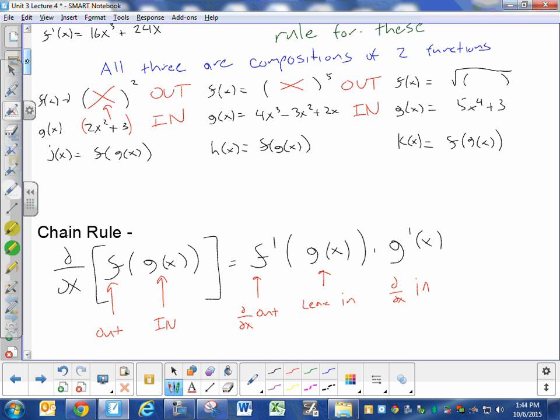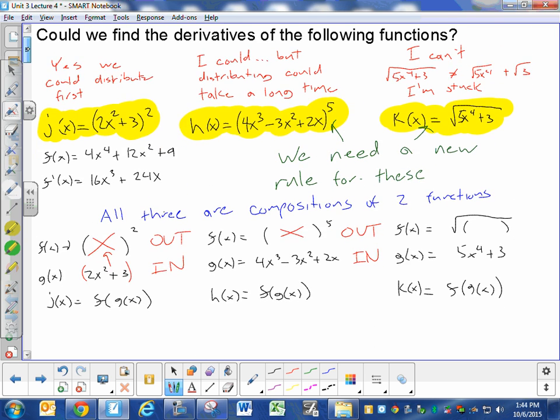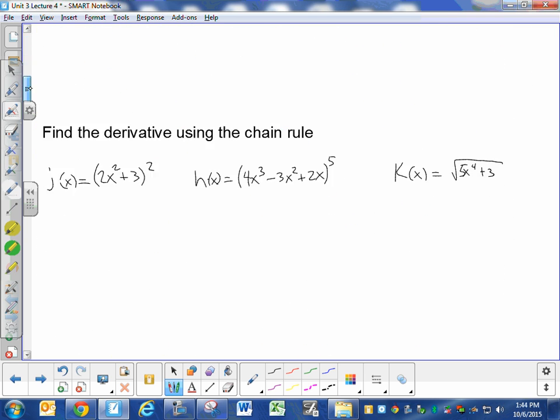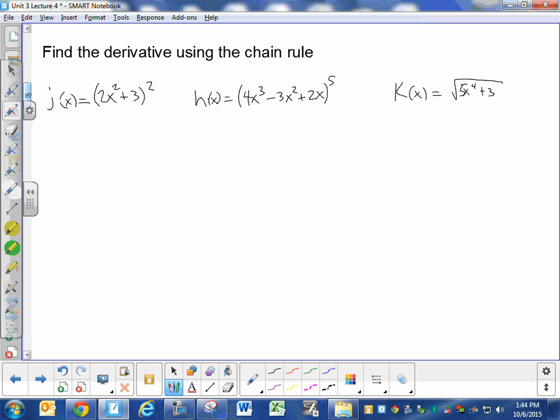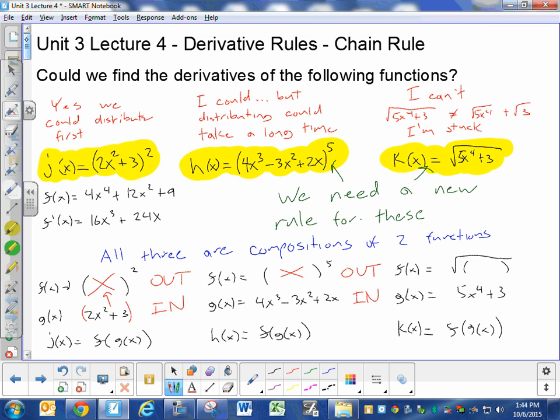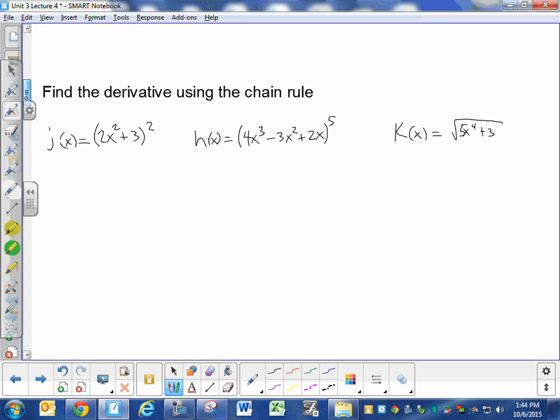Okay? Watch how I can take the derivative of all three of these functions now using this rule. First, just to make sure you know that the rule works, I'll show you that it will work with j. We already know what the derivative of j is. When I distributed j, I got 4x to the fourth plus 12x squared plus 9. I took the derivative, I got 16x cubed plus 24x. By taking this and denoting it as an outside and an inside, I can use the chain rule.